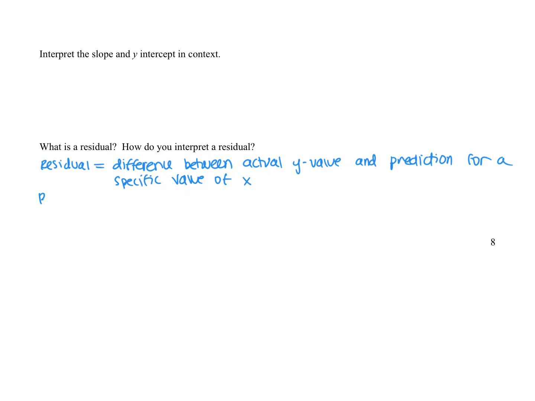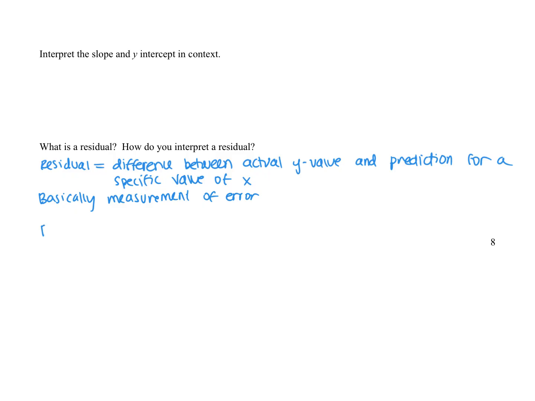So it's basically a measurement of error. Our line of best fit is meant to predict y. So we want to know how far off was our prediction actually from what actually happened.